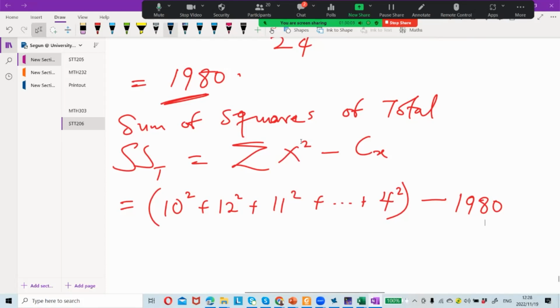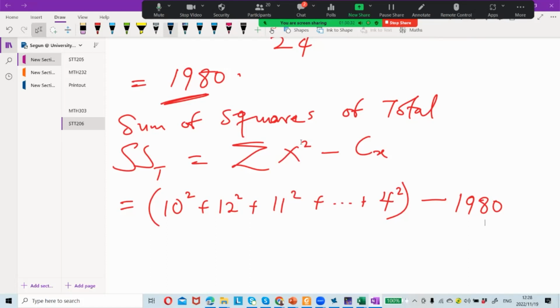So remember that it is not up to 5, right? It's 1980.17. Okay, that's correct.